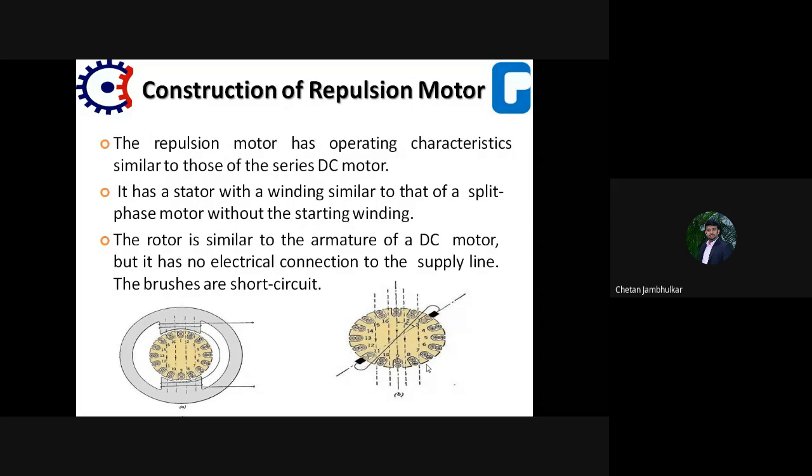So the winding is wound directly in the stator, and the rotor is similar to the armature of a DC motor, but it has no electrical connection to the supply line. The brushes are short circuited.